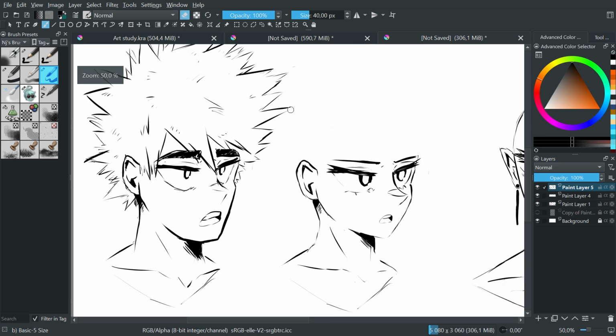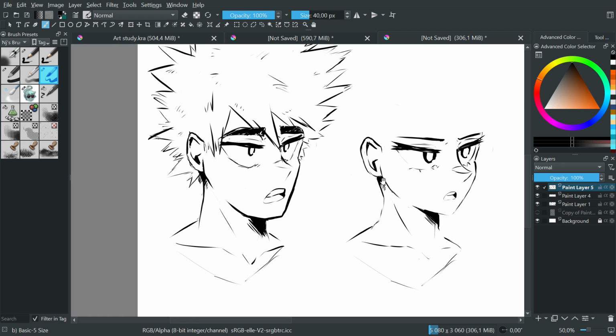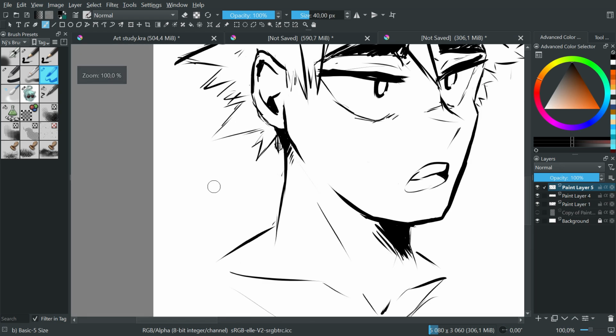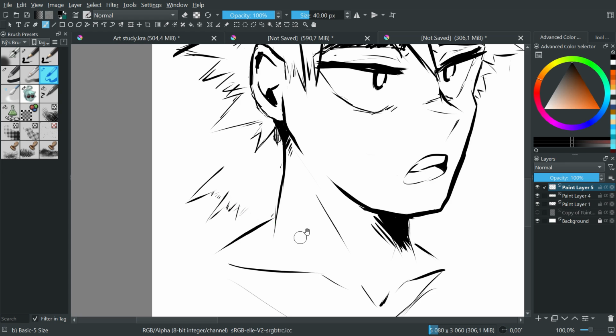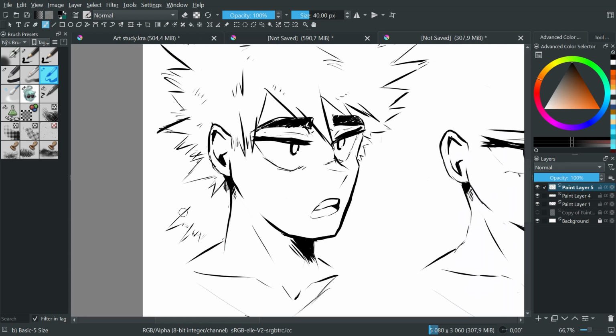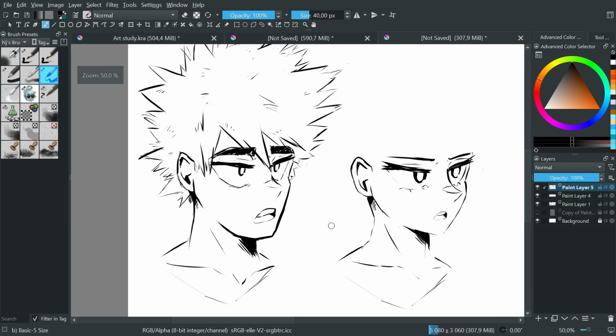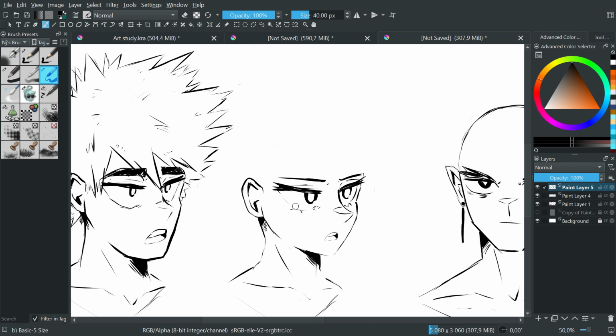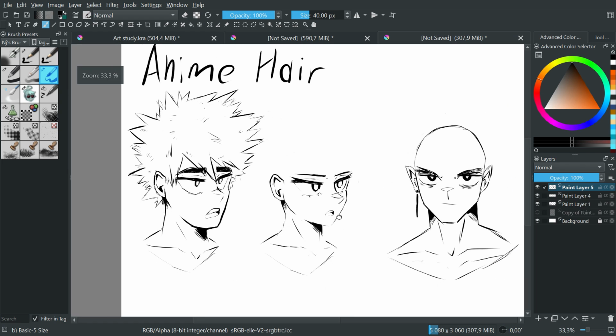Another thing I do in my art style is draw a hair like that, but for small ones I would do this, and then make little lines in between. This is what I mean by the design of it. This mostly boils down to what you're used to and what you like drawing.